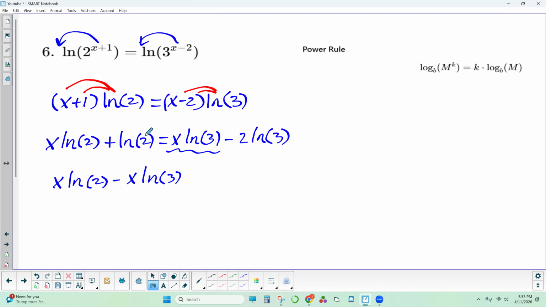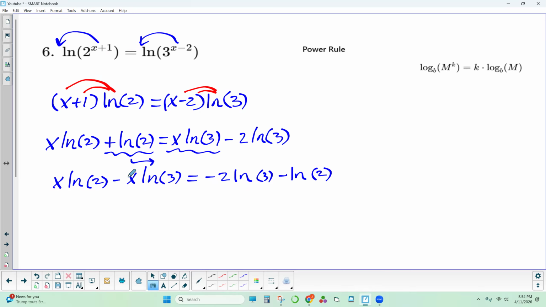And then I'm going to take my term that does not have an x and move it to the other side. So I'm going to move this to the right. So that's going to be equals negative 2 natural log of 3. That's this term. And then I'm going to subtract the natural log of 2. All right? So now I've got x's on one side. I move my other terms to the right.